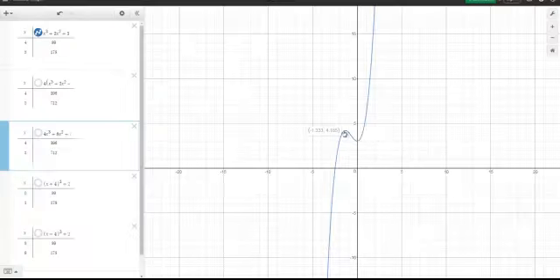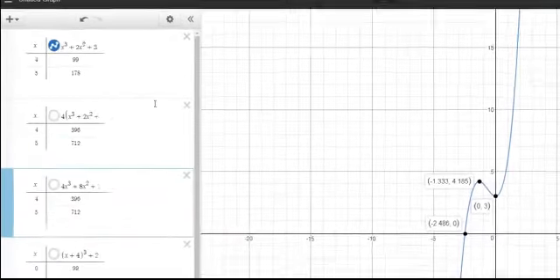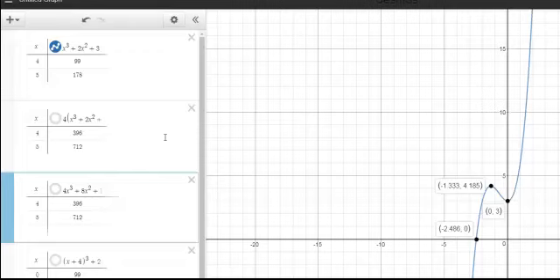So going back to Desmos, again we have our original graph that we started with, and we're just looking at our vertical stretch right now. If you want to shrink it, you would just divide it, which we'll go over at a later time. But if I look at this, and looking at x equals 5, just like we predicted, 178 times 4 is 712, and then 99 times 4 is 396.